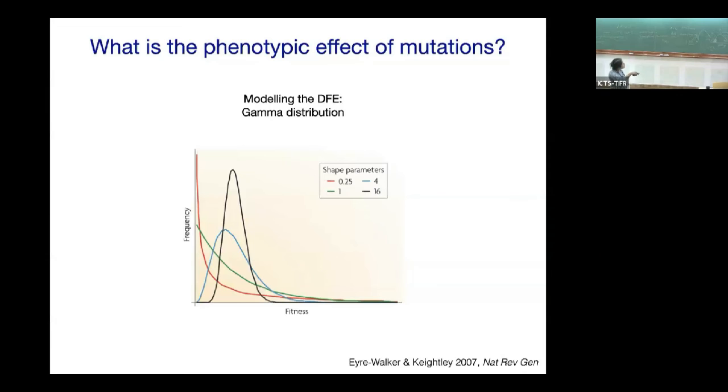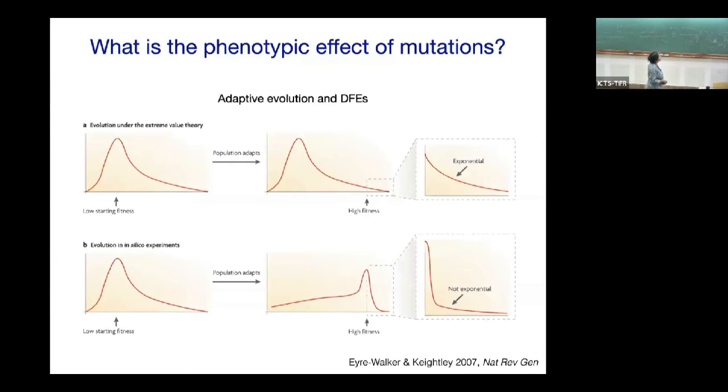You can see it looks very different, right? The distribution is the same class of distribution, which means you can work with it in a similar way, but the outcomes are quite different in terms of what the DFE is going to look like. How fat is this tail of beneficial mutations? How many mutations are deleterious, and so on and so forth, right? So this is more by way of introducing some of this terminology to you, so you have some understanding of what one does with this.